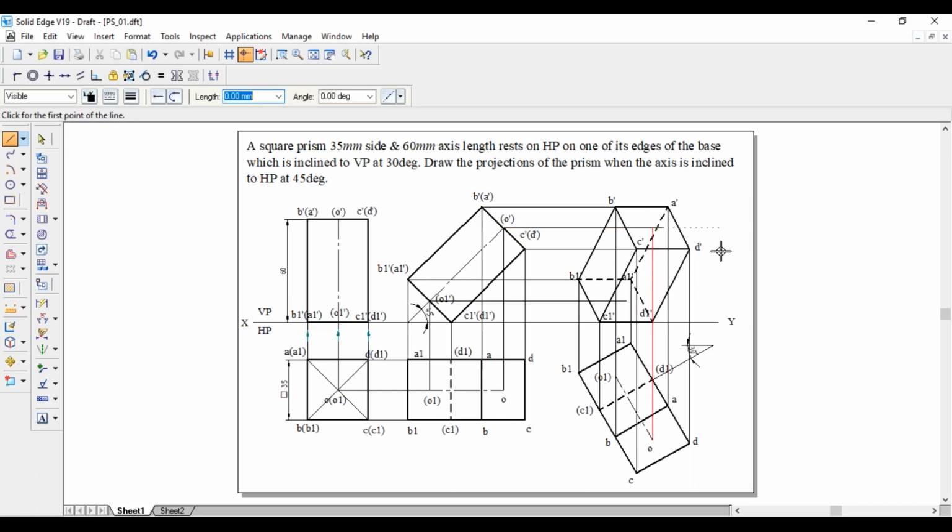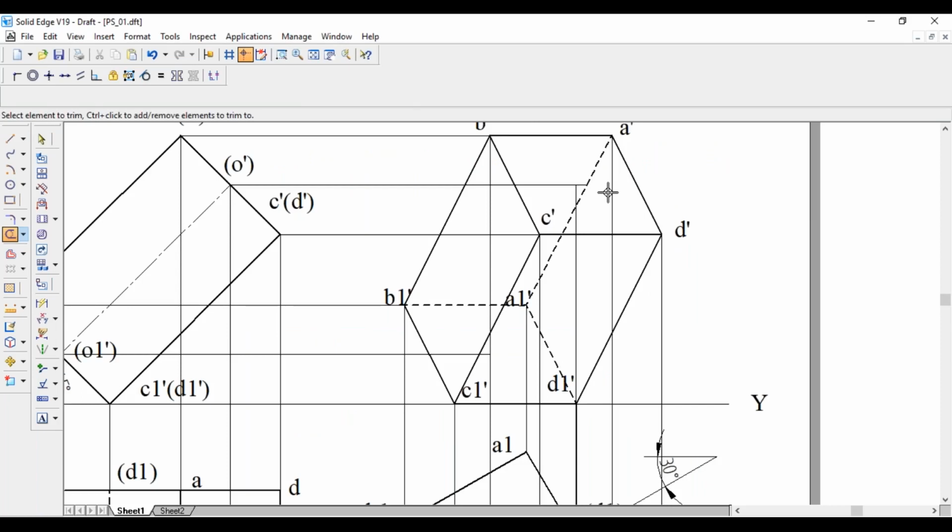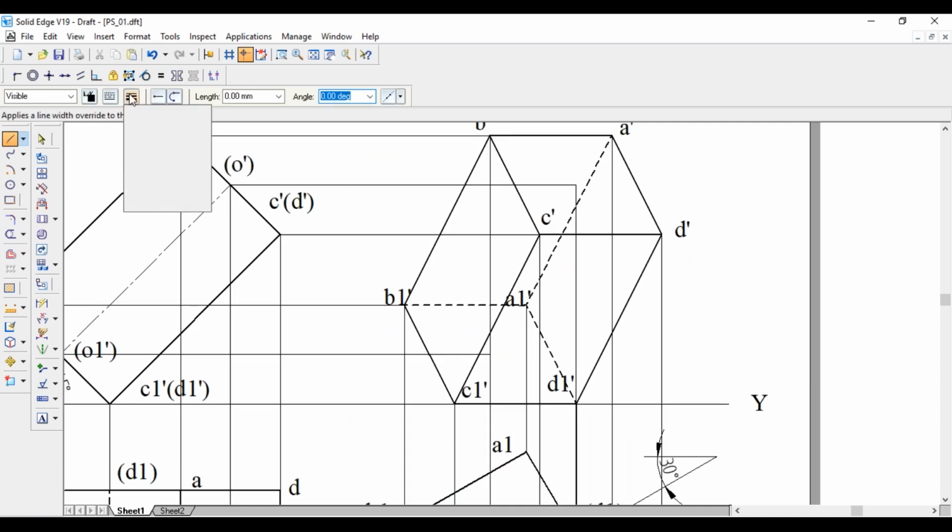Similarly from O1. Join the axis with chain line.